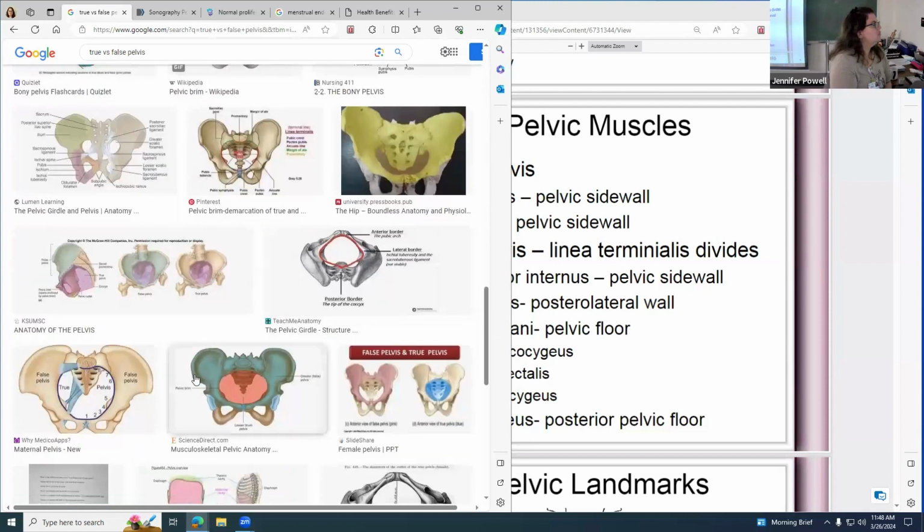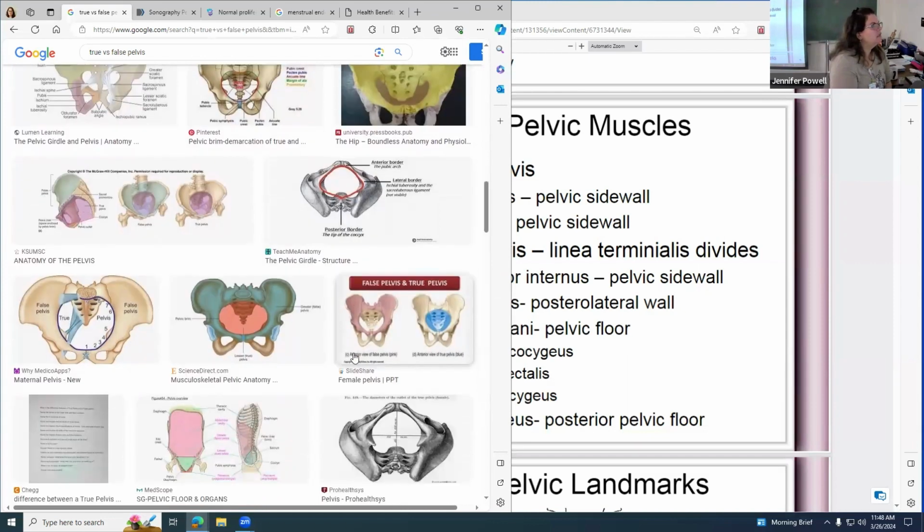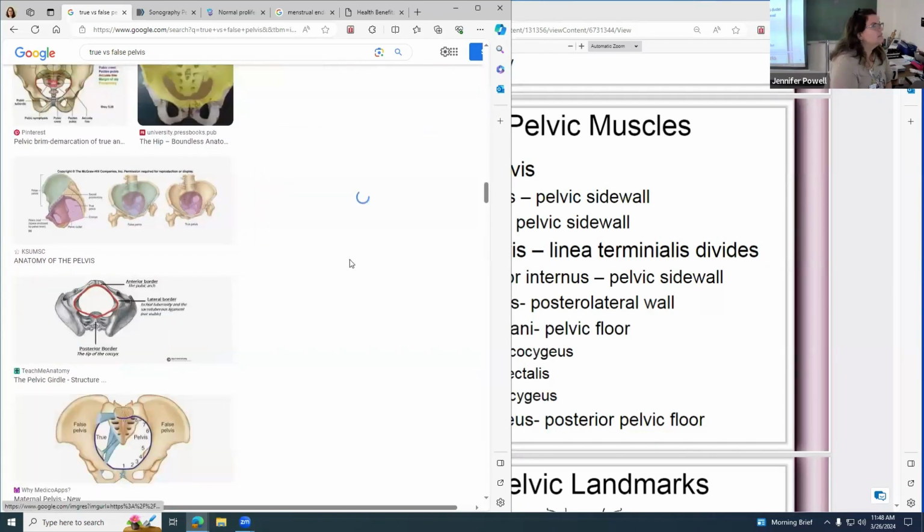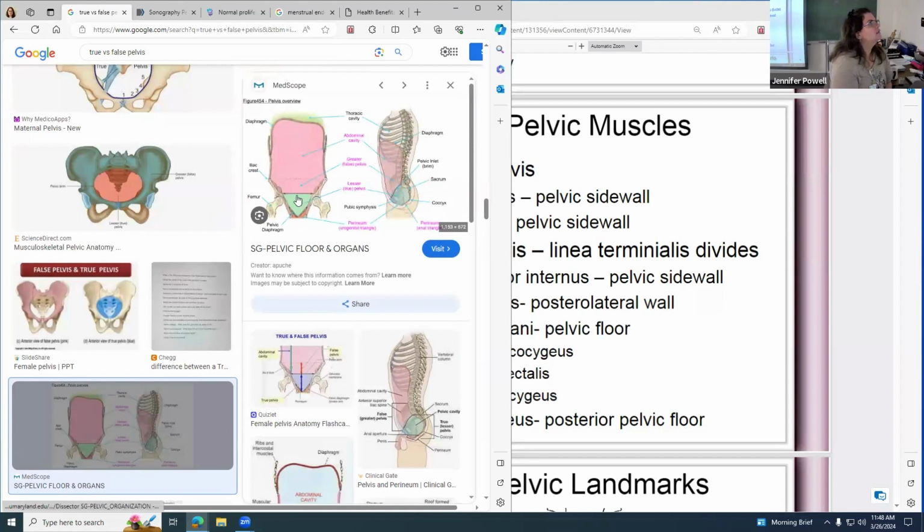It is called the linea terminalis, and it's this right here. So organs in here, linea terminalis is right where this, what is this bone called?